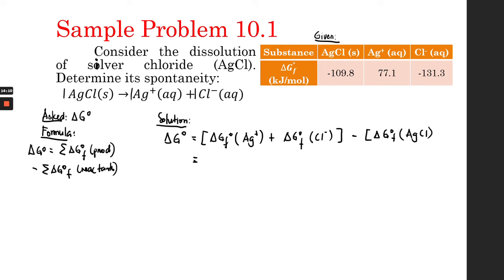You also have to remember the coefficients. Each coefficient is 1, which means each of these has 1 mole. So what we're going to do is, for the silver cation, we have 1 mole, multiplied by the delta GF of the Ag cation, which is positive 77.1 kilojoules per mole.